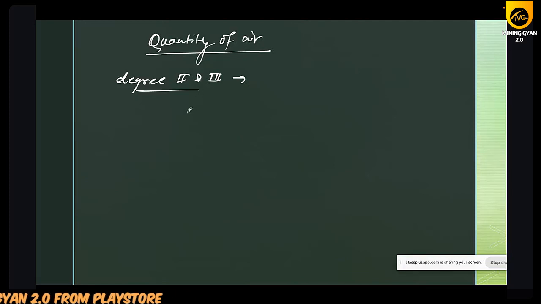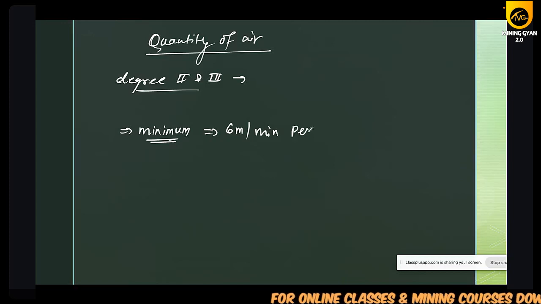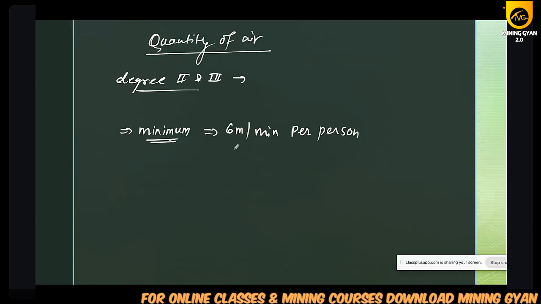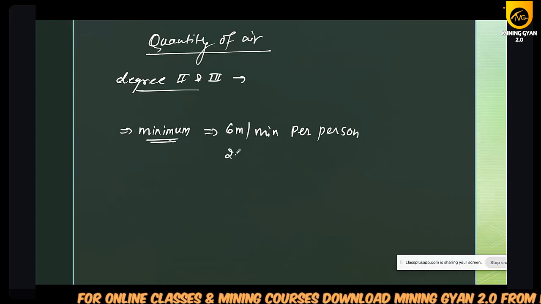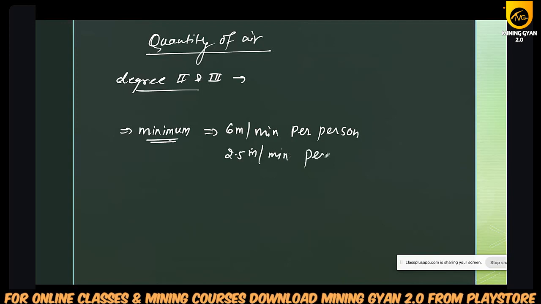So here what do you have to remember? What should be the minimum air flow? 6 meter per minute per person, and 2.5 meter per minute per ton. This is daily output.